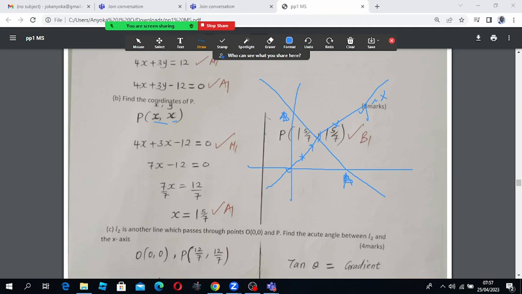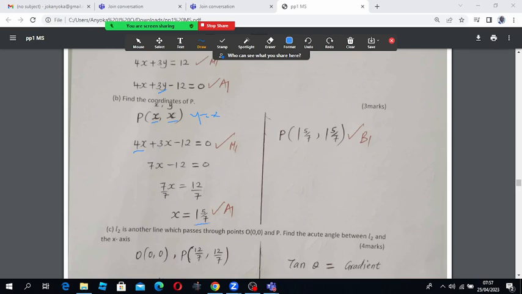Having that in mind, we can now substitute, because y equals x. Instead of y, we replace with x. So 4x plus 3y, but now y is x, so 3x, minus 12 equals 0. So 7x equals 12.